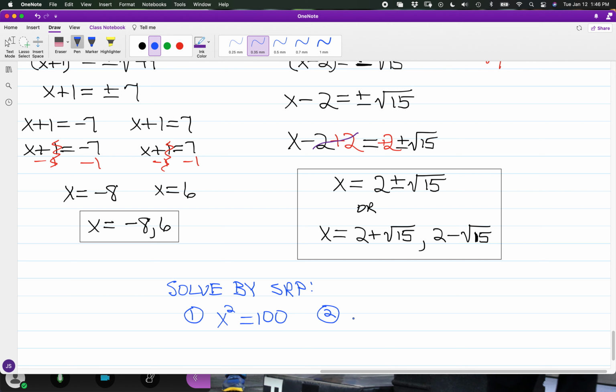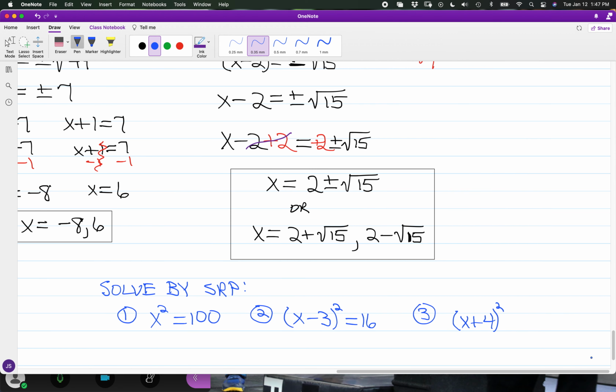And second, we'll say we have a binomial expression: x minus 3 squared is equal to 16. And then in the mix, we'll have the square of x plus 4 is equal to 37.